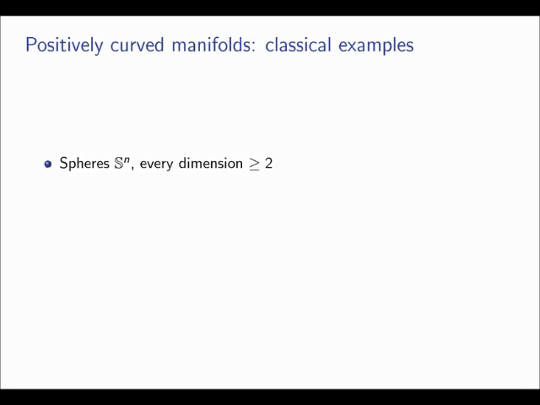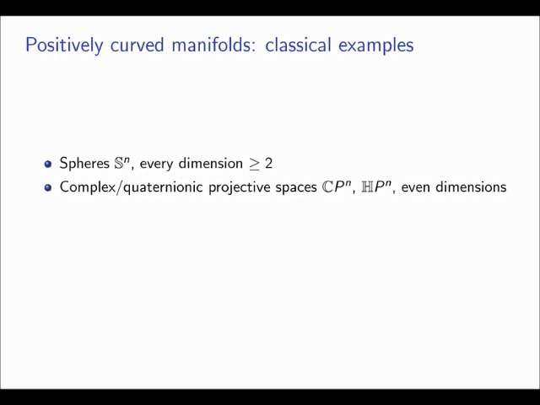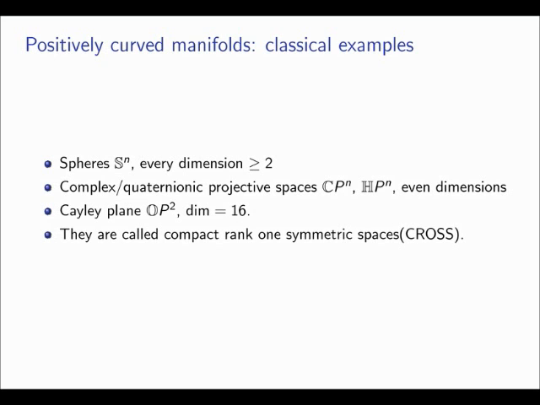As classical examples, we have the sphere, the complex and quaternionic projective spaces, and the projective space in even dimension. And we have another one called the Cayley plane, in dimension 16. So we have three different classes of classical examples, called the compact rank 1 symmetric spaces.